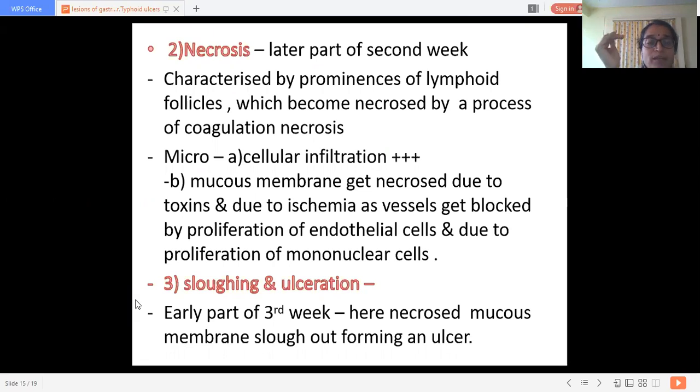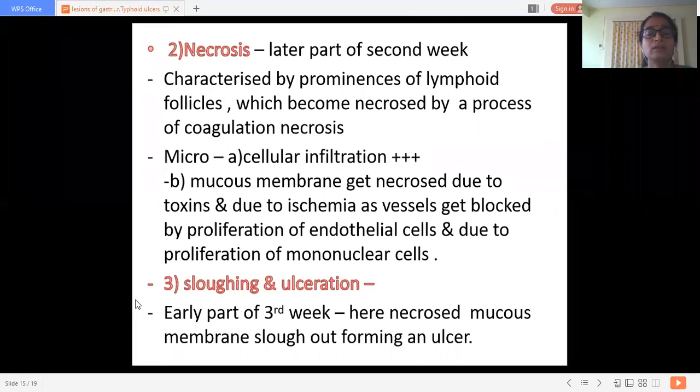Now microscopically, what changes occur in that region? There is cellular infiltration. Then the mucous membrane gets necrosed due to toxins and due to ischemia, as vessels get blocked by the proliferation of endothelial cells.